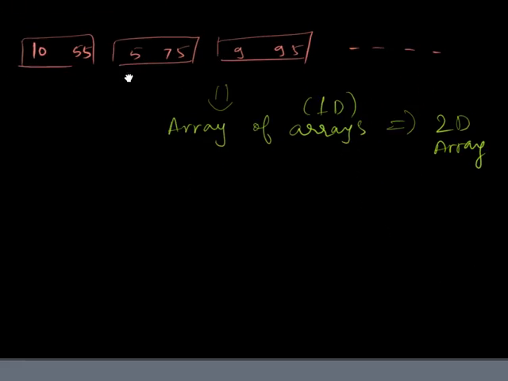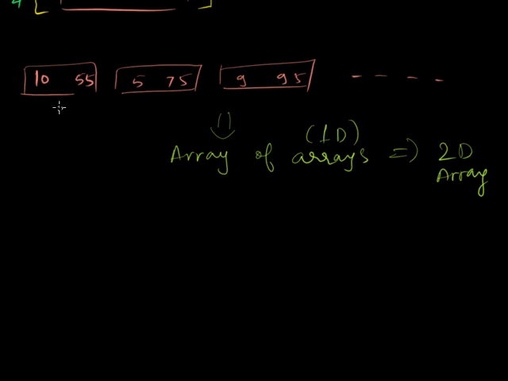Let us see how we declare arrays. Let's say I want to declare a 2D array which stores integers. So similar to 1D arrays, we declare the type of each of the elements stored in the array. Then we have the array name, and then we have the dimensions.